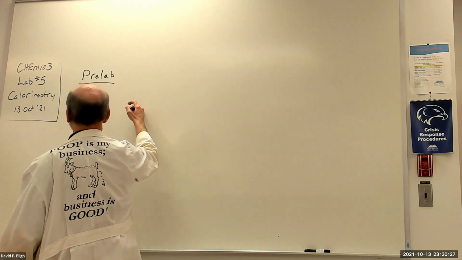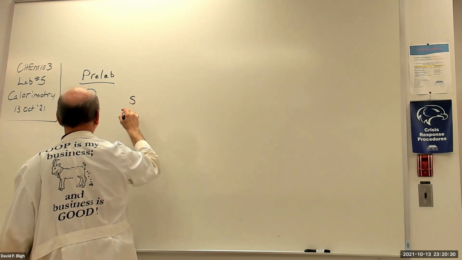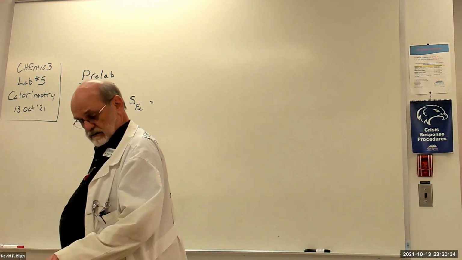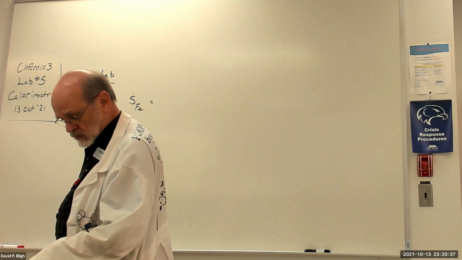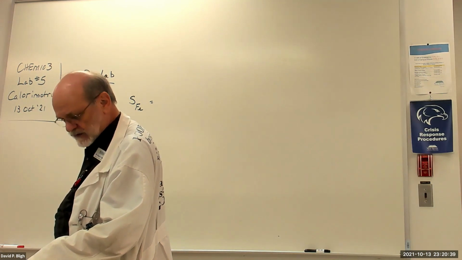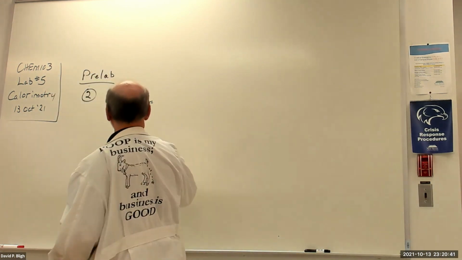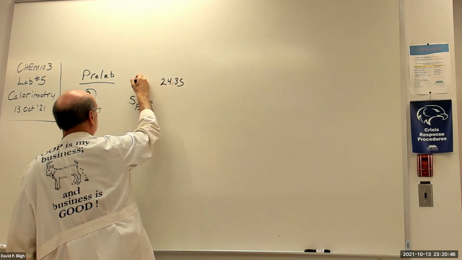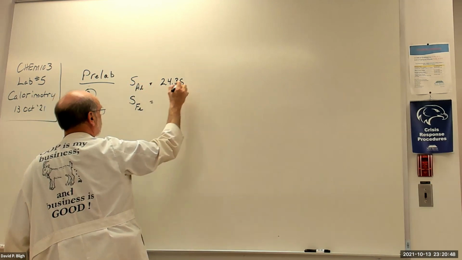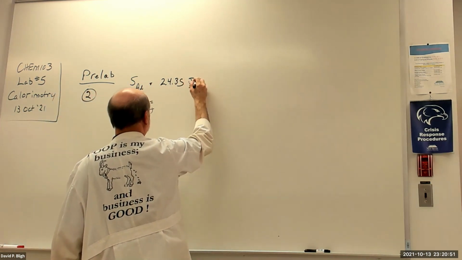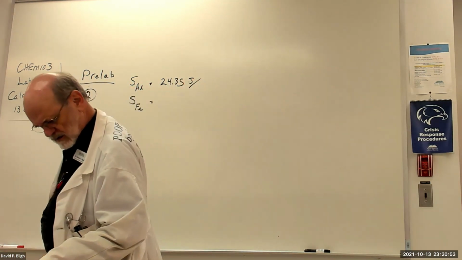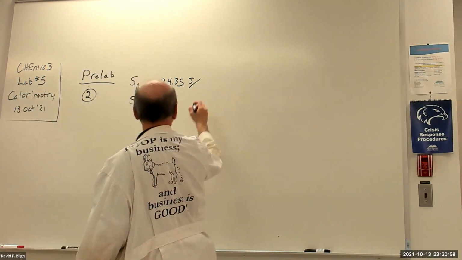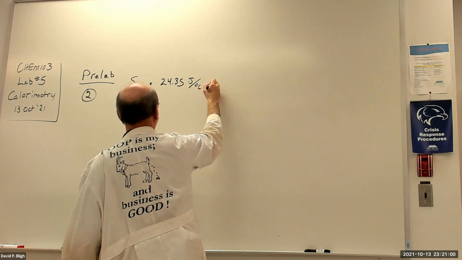So the molar heat capacity for iron is, well, they did aluminum first. Heat capacity for aluminum is 24.35 joules per degree C mole.